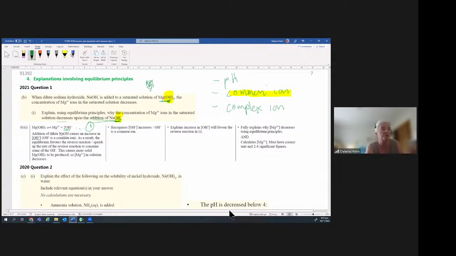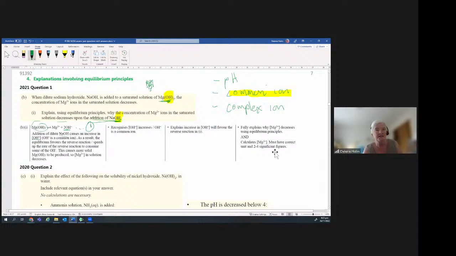Favors the reverse reaction. And why? Say why it's doing that. Because it's got to try and get rid of that added OH minus. So it's got to, they've said here, to consume some of the OH minus or to use up some of the OH minus is fine. And because the equilibrium position shifts to the left, or if you say the equilibrium favors the reverse reaction, you're going to get more hydroxide being formed.